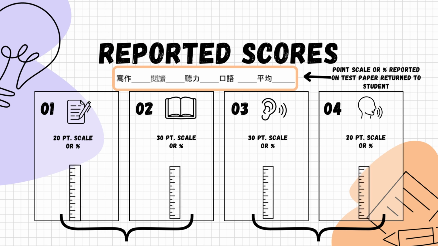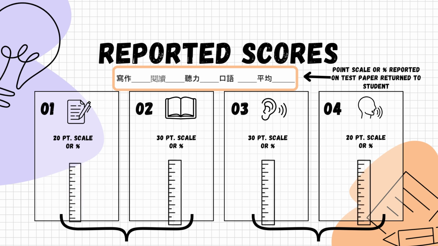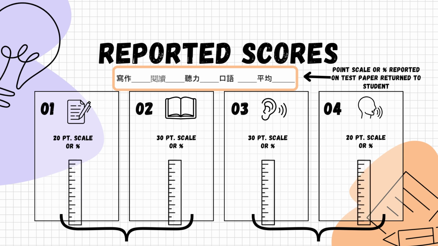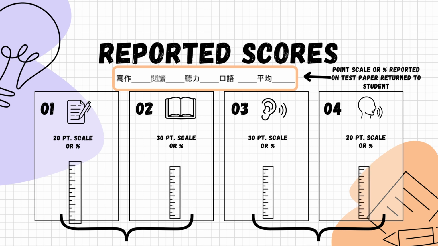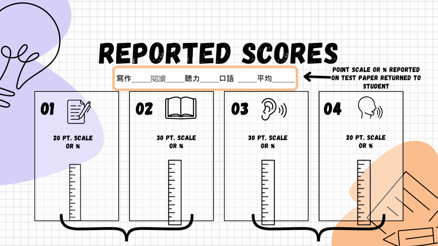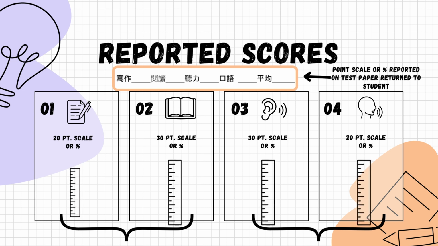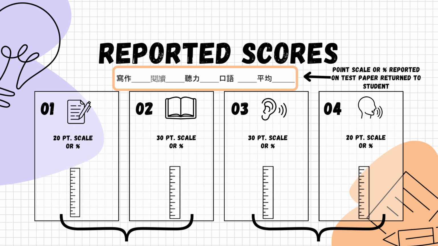If you look in the orange box at the top, this is a screenshot from a test paper, and it says writing, reading, listening, speaking, average. So we can take all the tests and average their scores, and that would be their test score for that assessment. Assessment 1, Assessment 2, or Assessment 3 that occurs during the semester.